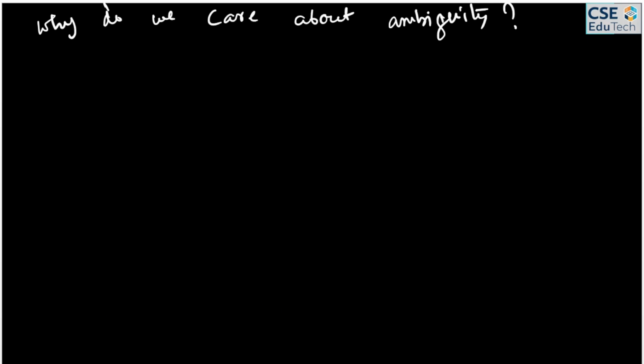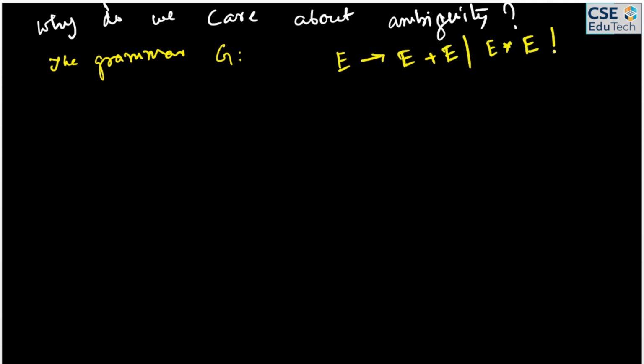Obviously, we have given the example of this, and now we'll consider another grammar. Suppose the grammar G with production rules are given in that form: E to E plus E, E to E multiplication E, E to bracket of E, or E to A. These are the production rules.